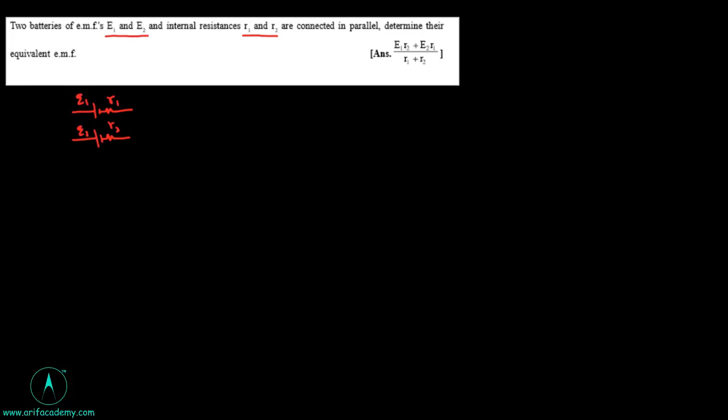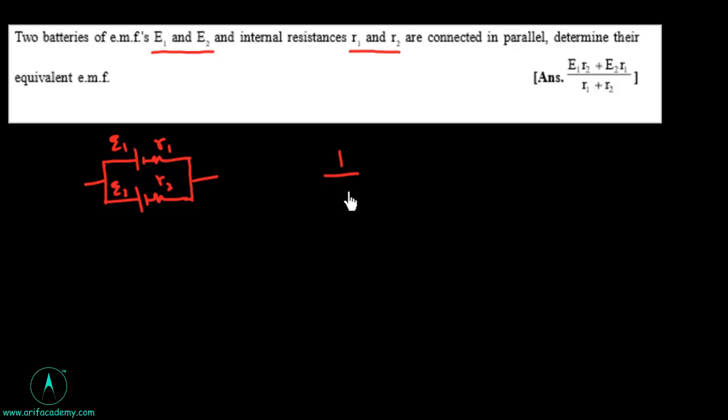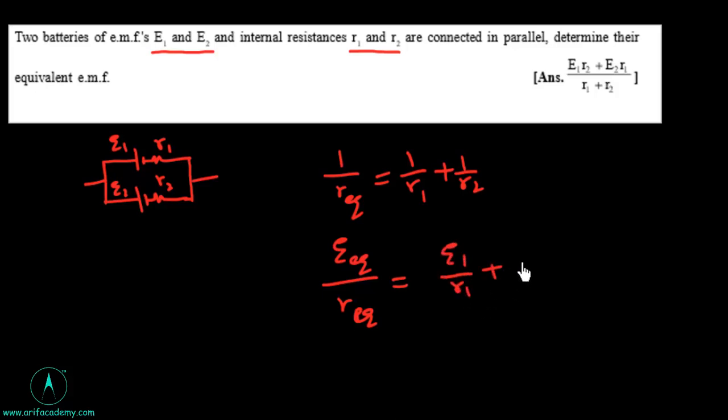So their equivalent resistance: 1 upon R equivalent is 1 upon R1 plus 1 upon R2, and E equivalent upon R equivalent equal to E1 upon R1 plus E2 upon R2.